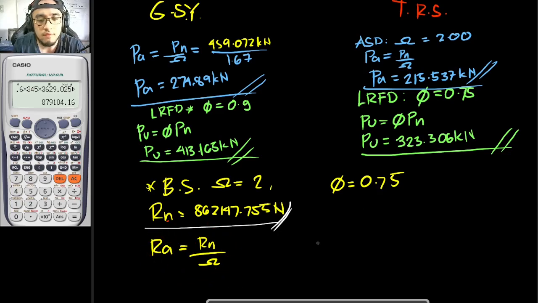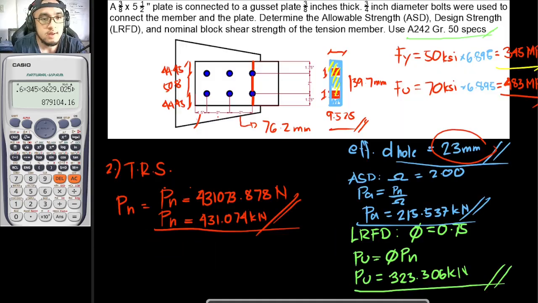If you are solving for LRFD, use this. After that, choose the governing value, whichever is smallest. But since once again we are only to solve for the nominal block shear strength of the tension member, we are now done with our problem. If there are any questions, feel free to message me.